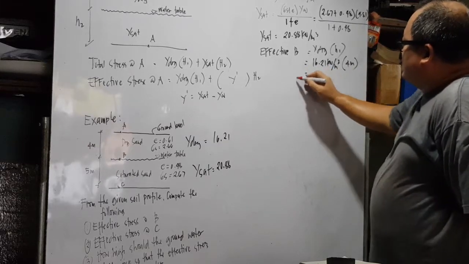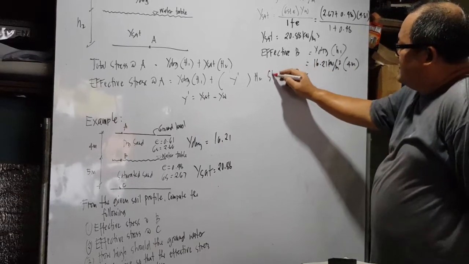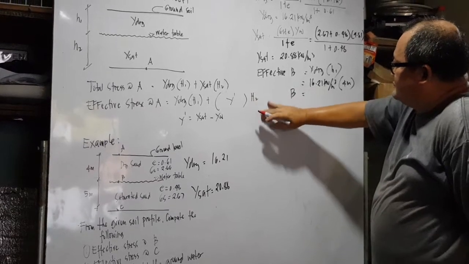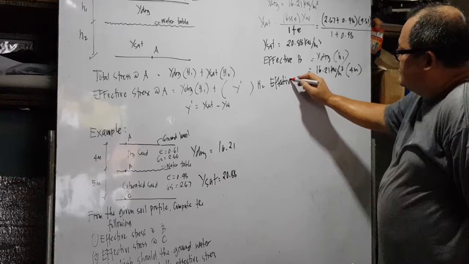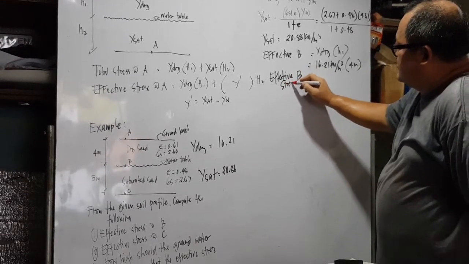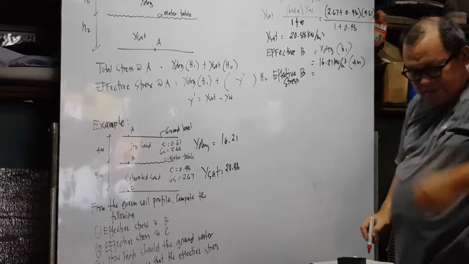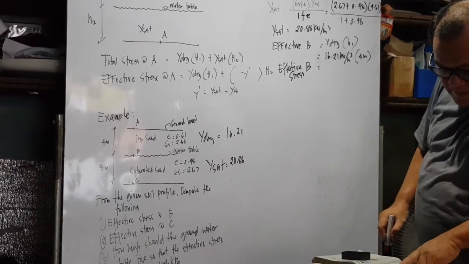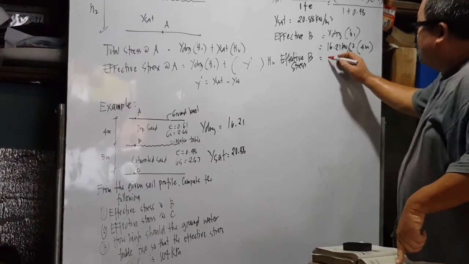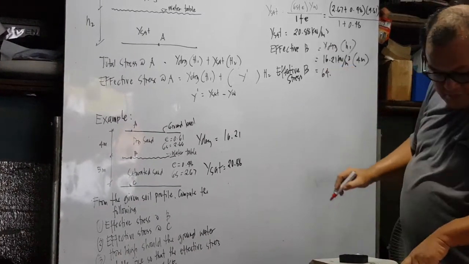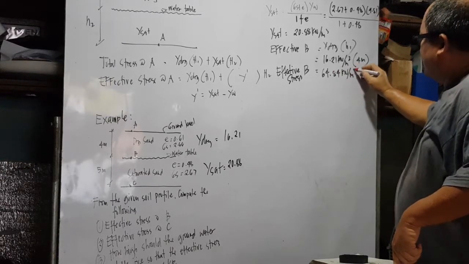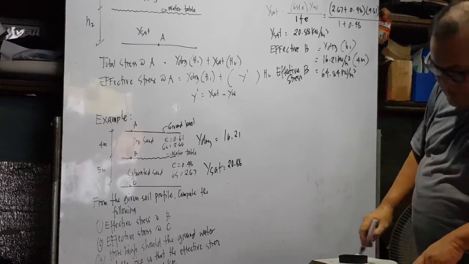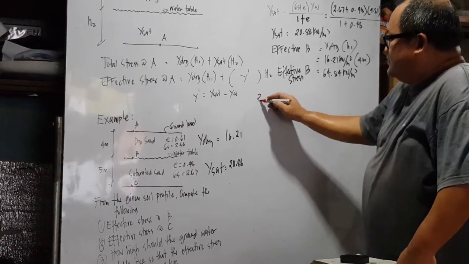Your answer, effective stress at B, will be 64.84 kilonewton per square meter.